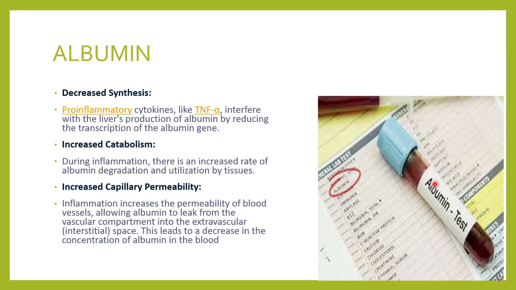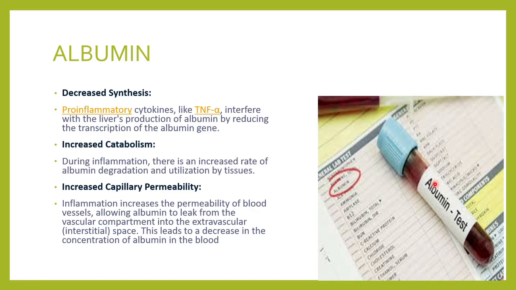Okay, because inflammation will increase the permeability of the vessels, and when there is permeability, the albumin will leak from the vascular compartment and it will come into the interstitial space. This leads to edema. So that is why we see rubor, calor, dolor, or the swelling. Why? Because there is edema, and edema has occurred because there was leakage of albumin, and because the albumin has leaked outside, the level of albumin goes down in the blood.